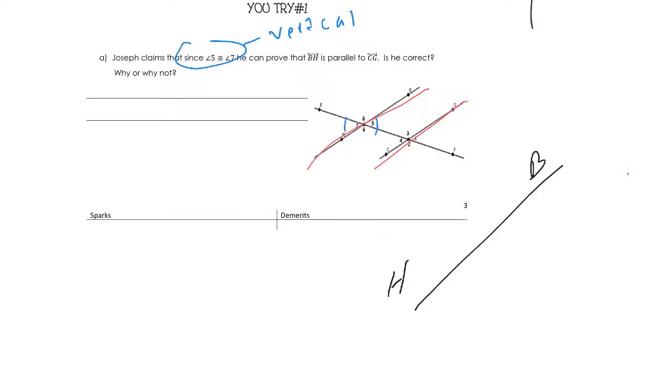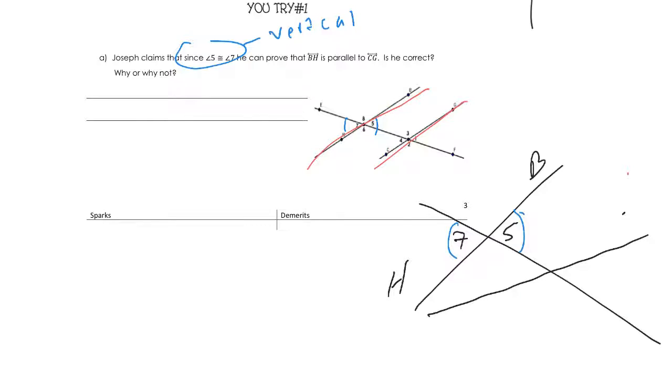and then I could have a line not parallel. I'm going to cut the transversal here. This is still angle 7 and angle 5. Those are still equal. They're vertical. But that angle is definitely not equal to the ones down here.